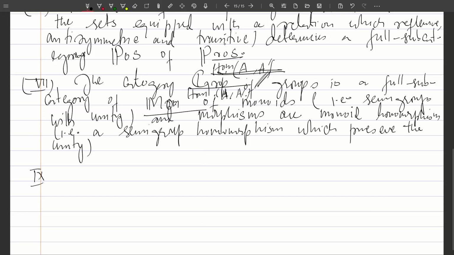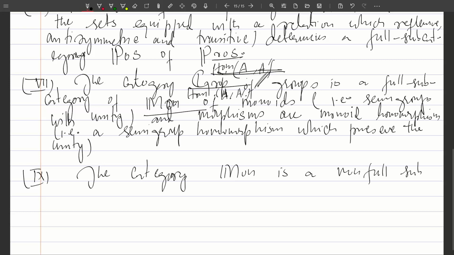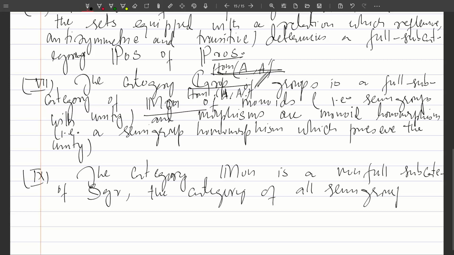So this is the ninth example, I think. The category MON is a non-full subcategory of SGR, the category of all semigroups and all semigroup homomorphisms.